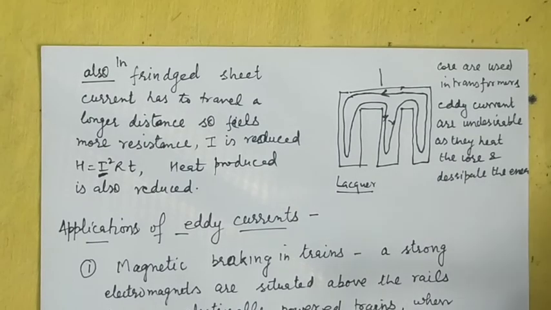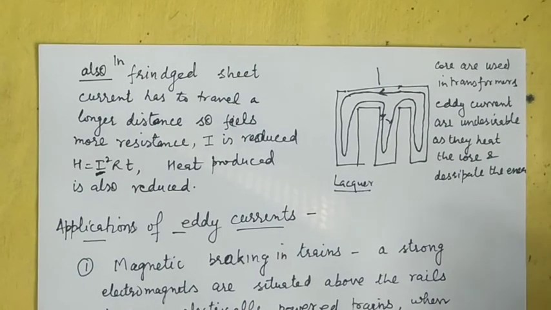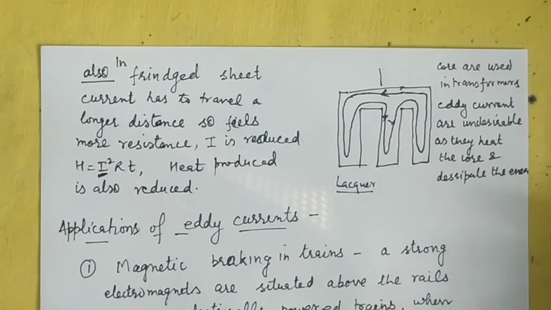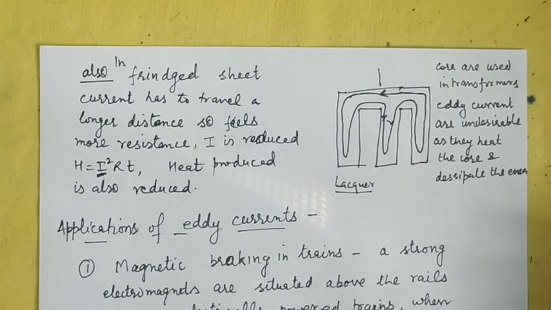Also, we know that the transformer has a core, or even the galvanometer which we discussed also has a core. As the transformer or galvanometer are placed in a changing current or changing magnetic field situation, eddy currents are produced. They heat up the core and dissipate the energy. These eddy currents in the transformer as well as in the galvanometer are undesirable.